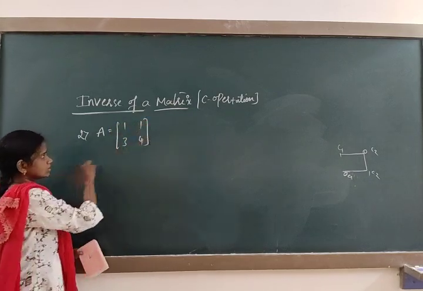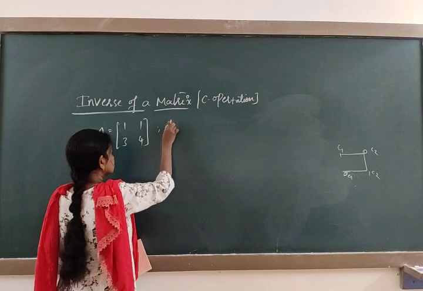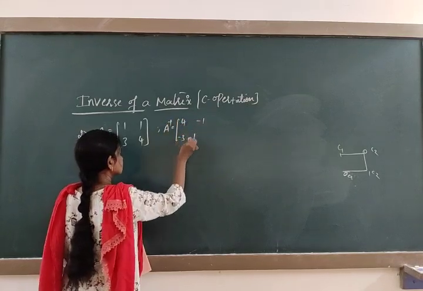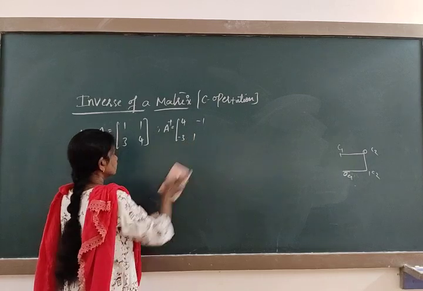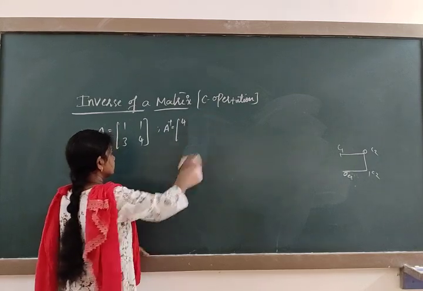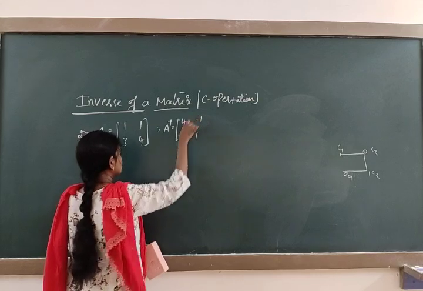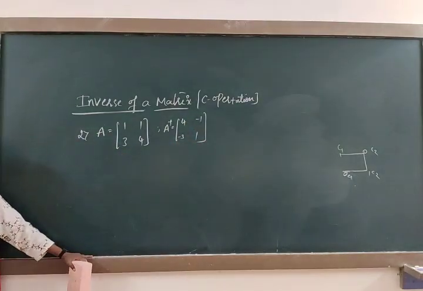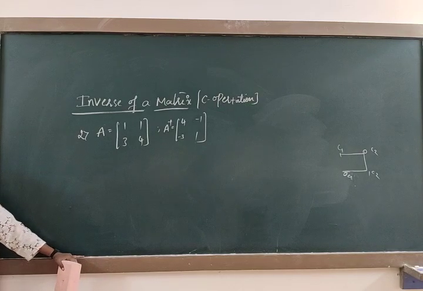So its inverse is this, we have got this inverse for the row transformation.